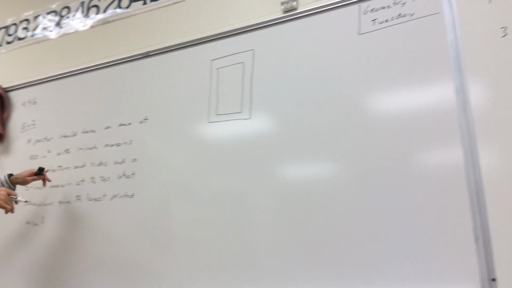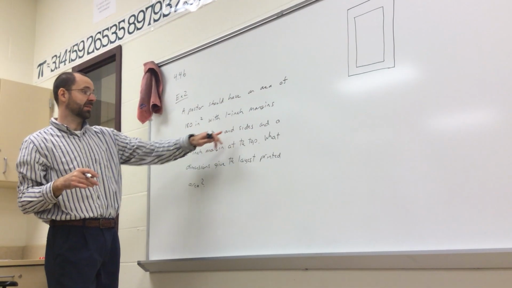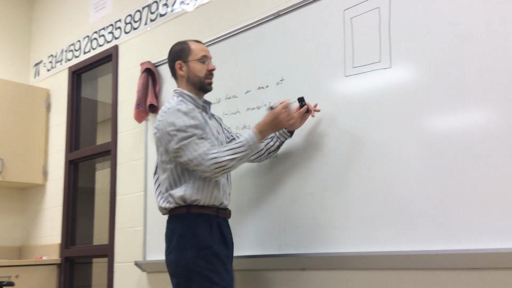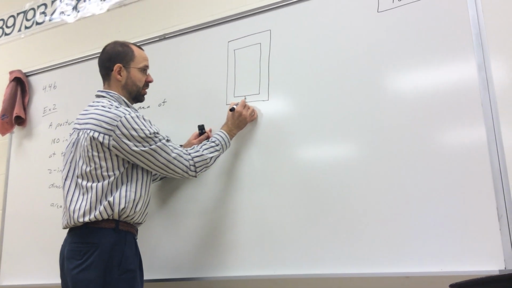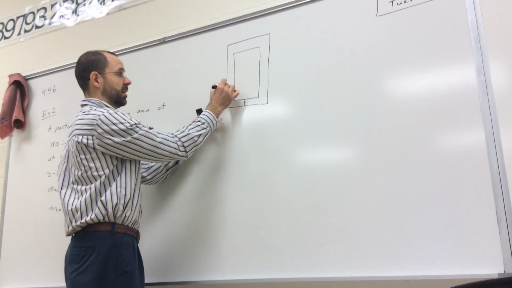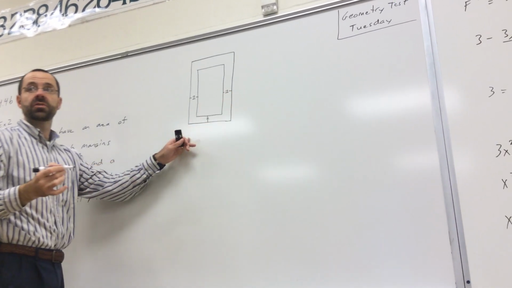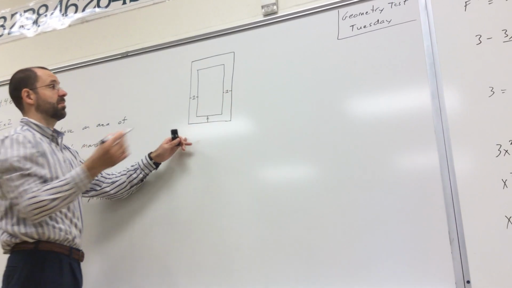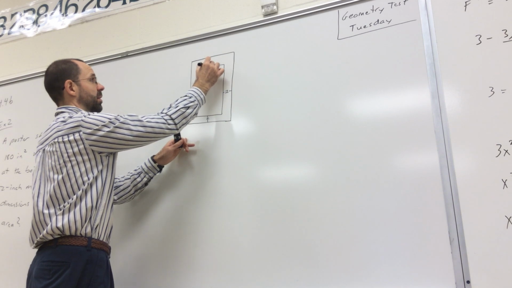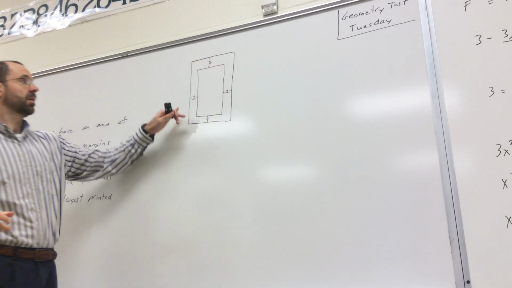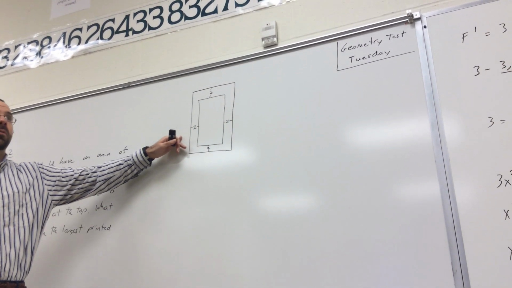The margins at the bottom and the sides are 1 inch. So this margin is 1 inch at the bottom, this margin is 1 inch, that margin's 1 inch. At the top, though, it's a little bit wider, a 2-inch margin at the top.